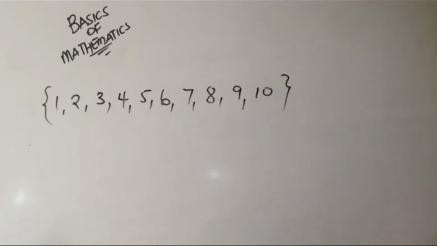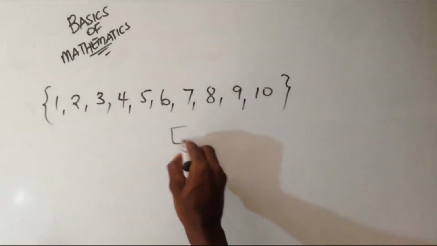So these are the first 10 natural numbers or counting numbers that we have here on the board. And then we are going to be considering which of them is even and which of them is odd. Let's start by explaining what even numbers are.